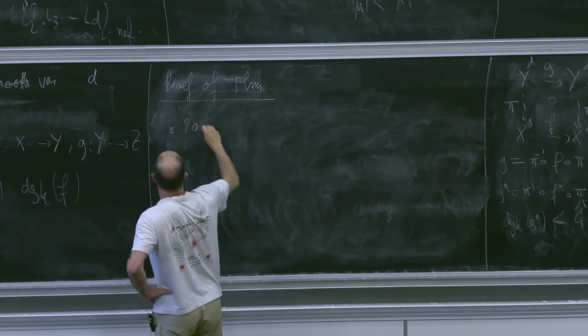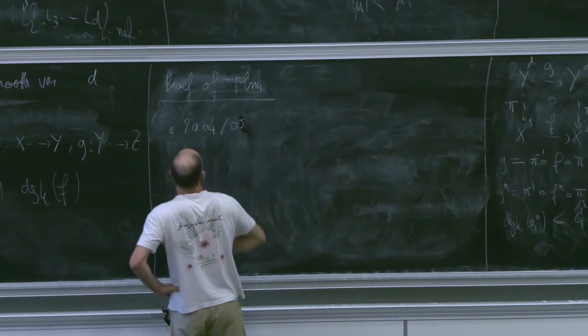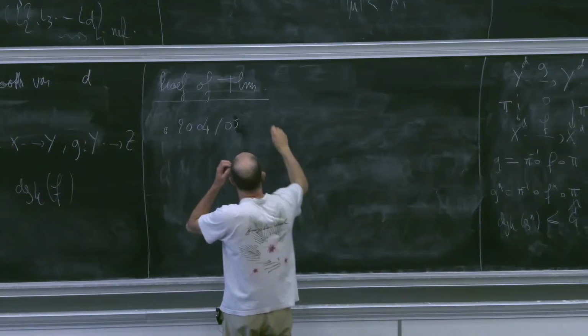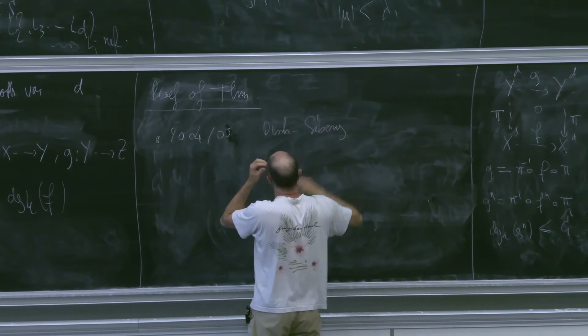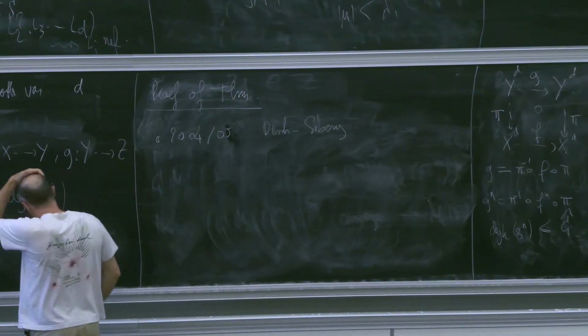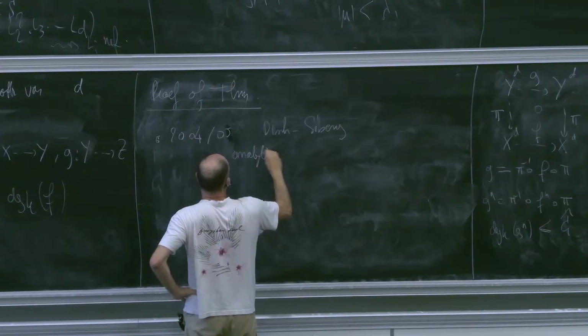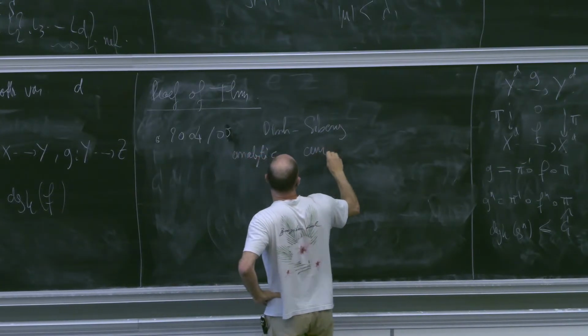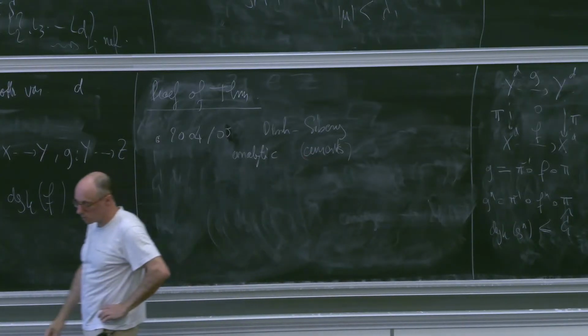So, proof of this. This proof was first given by Dinh and Sibony, and their proof really used currents, so it's really analytical. It uses positive closed currents, regularization of positive closed currents, and so on.